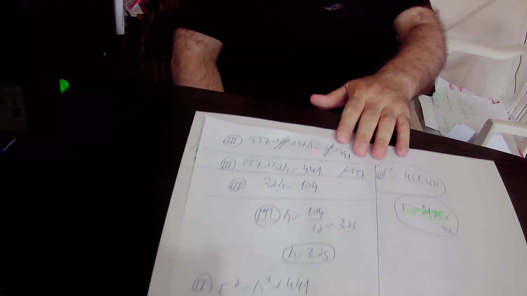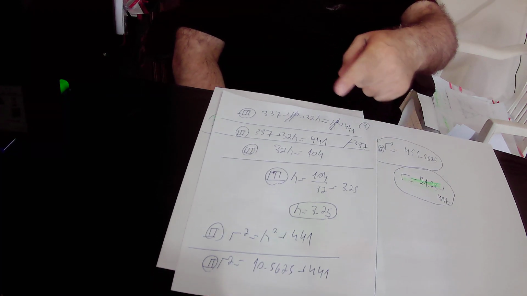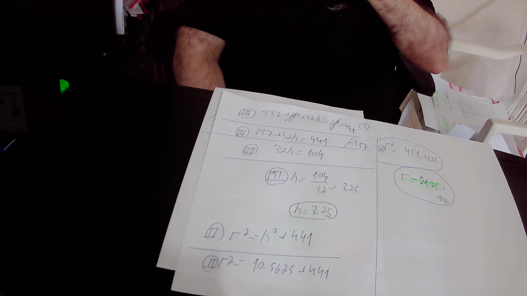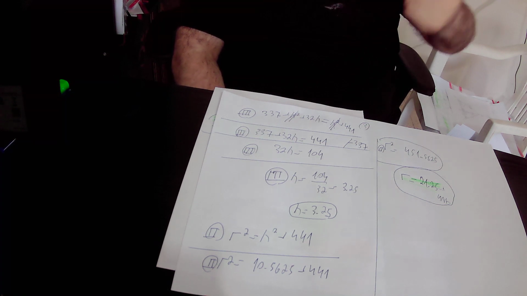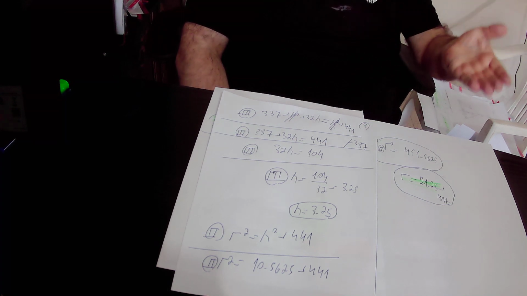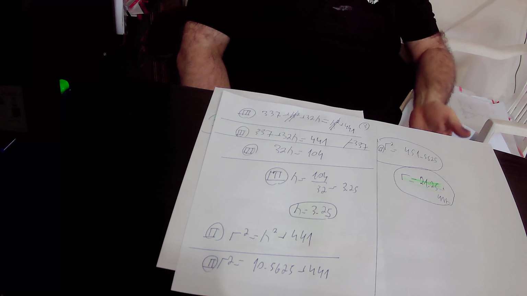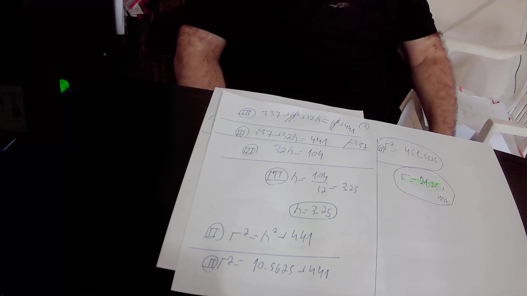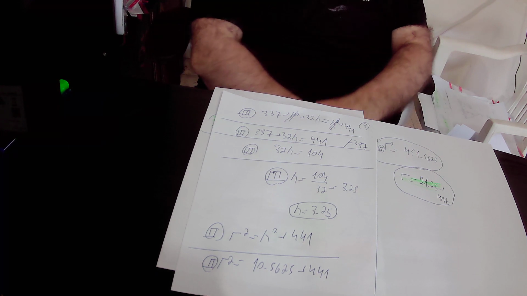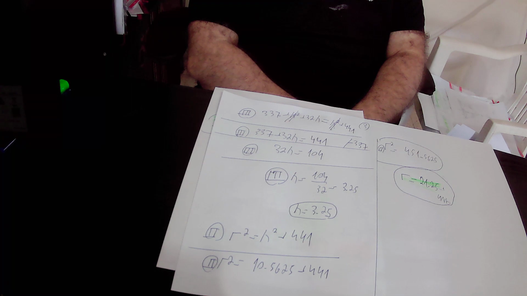Now we can substitute h in equation number 2 by 3.25 units. According to equation number 2, r squared equals h squared plus 441. And h equals 3.25, therefore h squared will be equal to 3.25 squared. That is 10.5625.